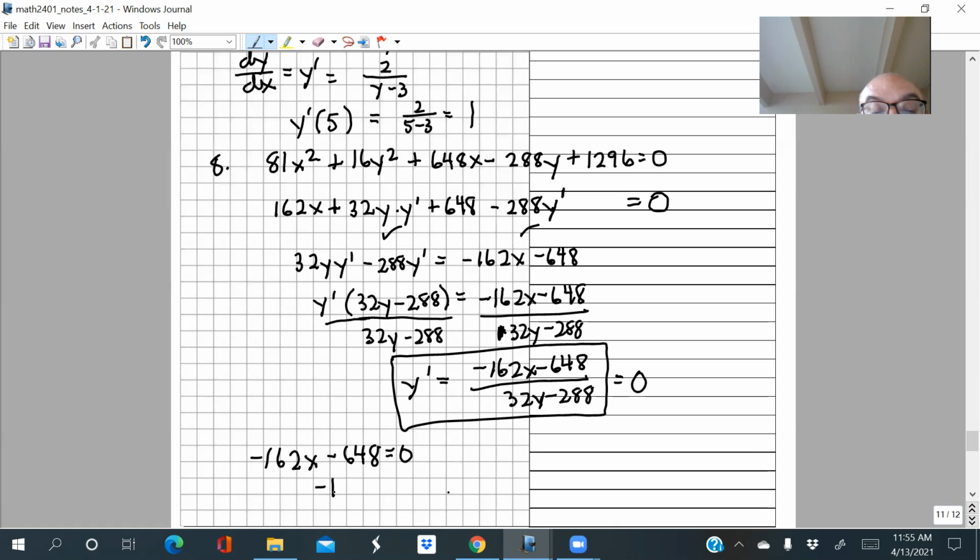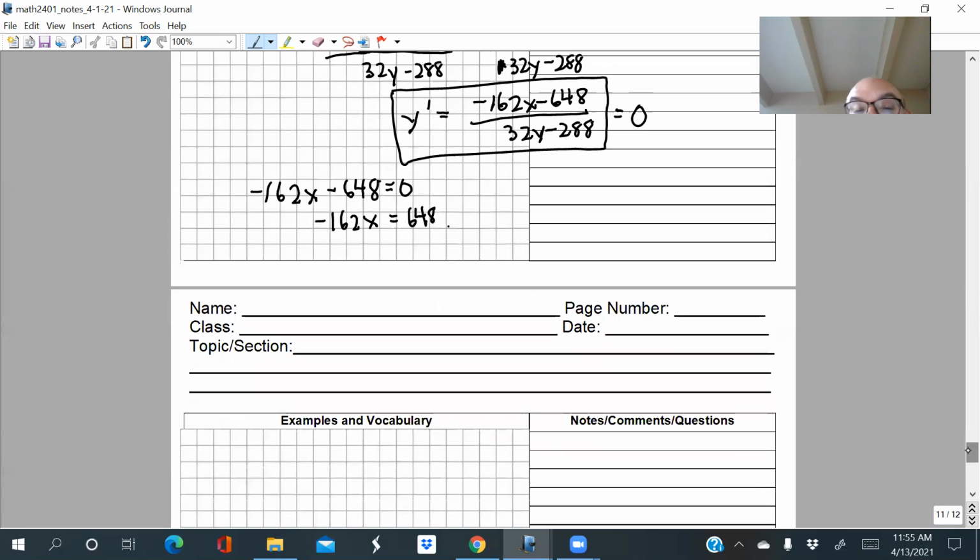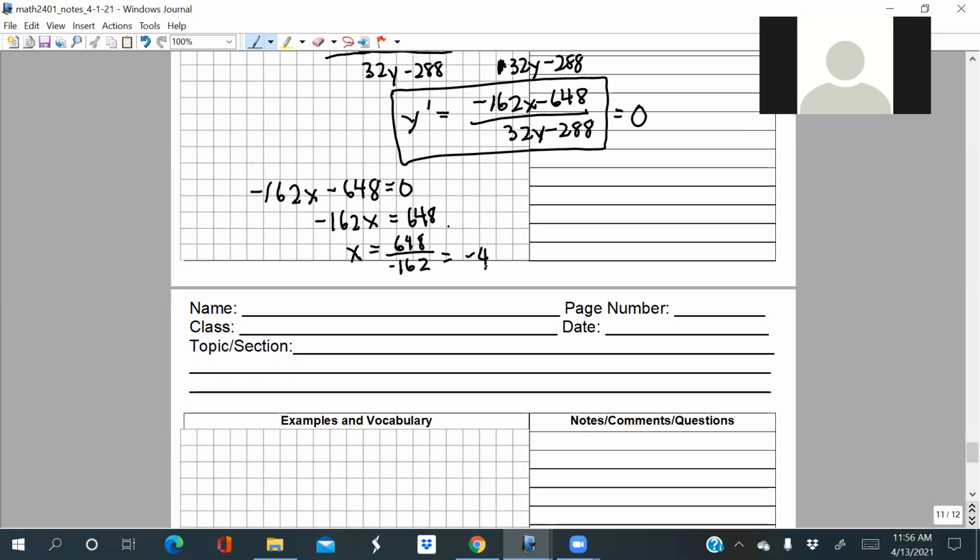So that's minus 162x equals 648. Does that work out nicely? If you divide by minus 162, does that come out to be a whole number? I think it does. Doesn't it come out to be minus 4? Yes, minus 4. Oh, good. We're lucky. I was afraid it was going to come out to be some weird fraction.